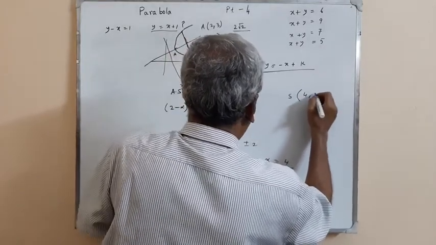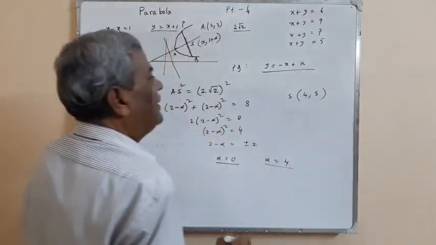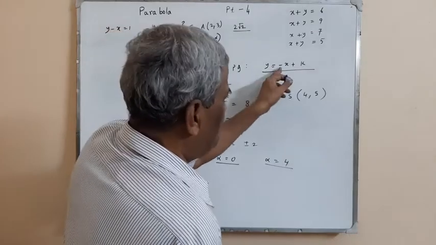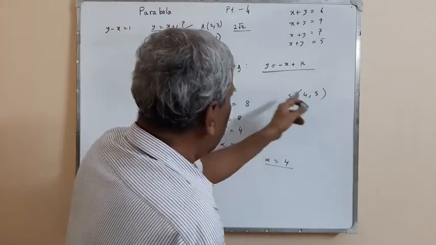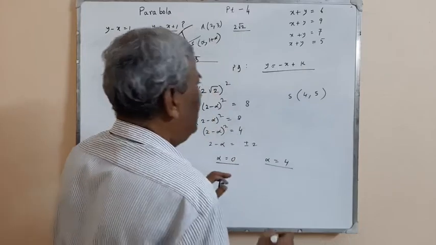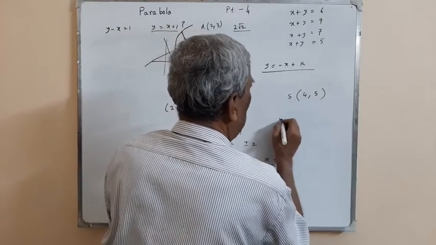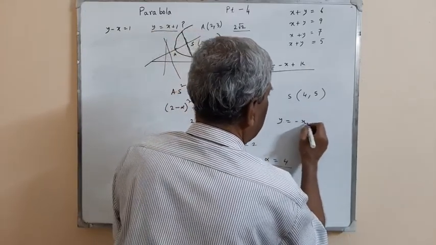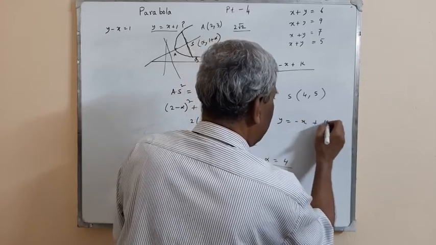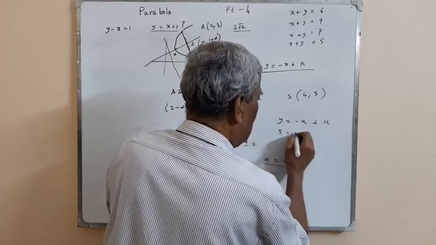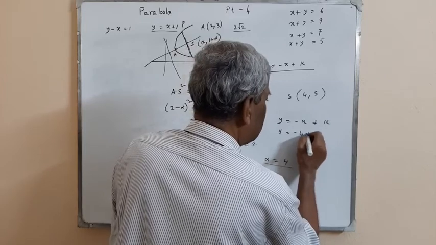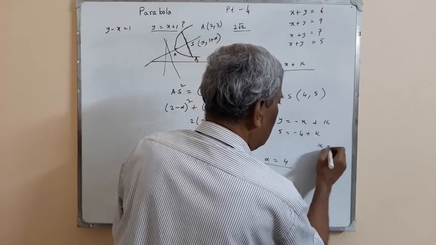And the equation of PQ is this. S lies on it, so it must satisfy it. Therefore, y is equal to minus x plus k. That is, 5 is equal to minus 4 plus k. So k is equal to 9.